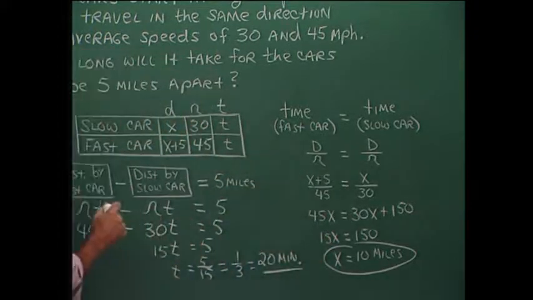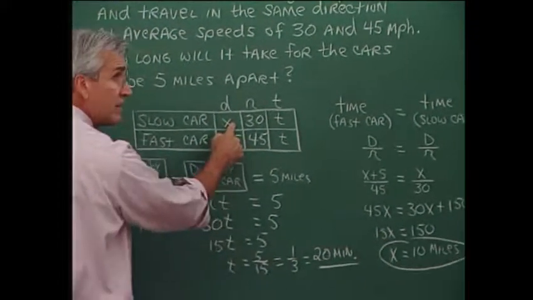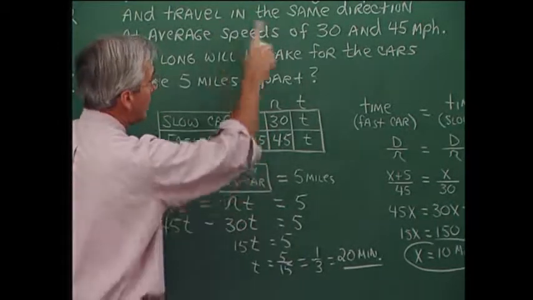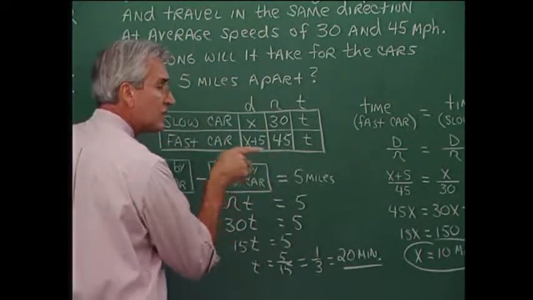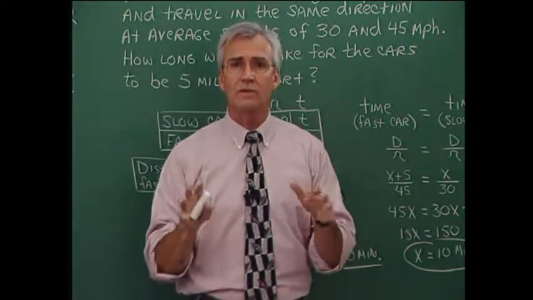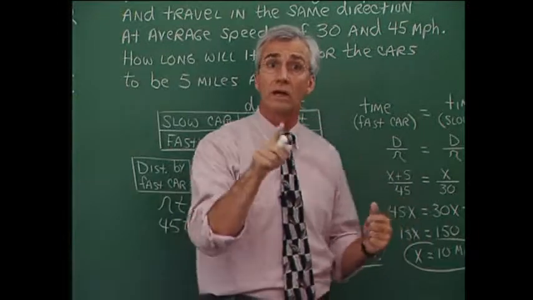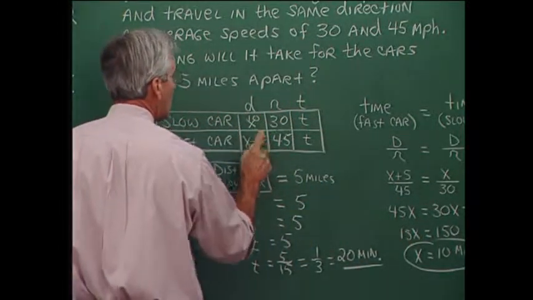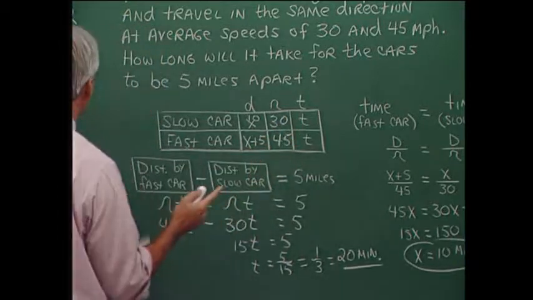Let's see, if x is 10 miles, it's a distance, but we're looking for the time here. And once we discover that we didn't find what we're looking for, then all we do is say, well, how can we find the time? Well, we know the distance traveled by the slow car is 10 miles. We know the rate is 30. Gee, that's pretty easy.